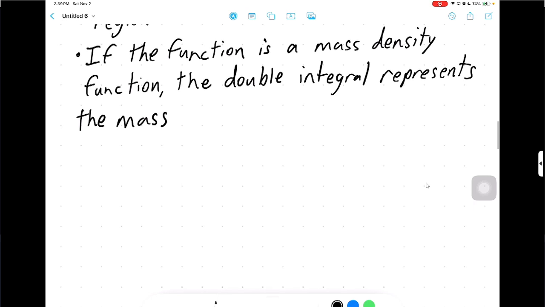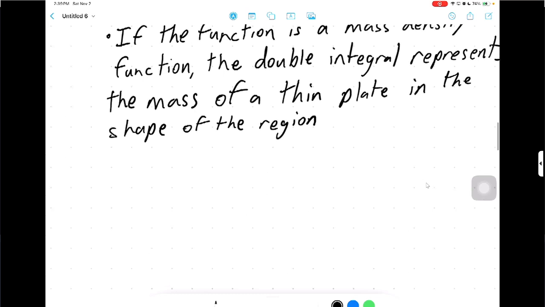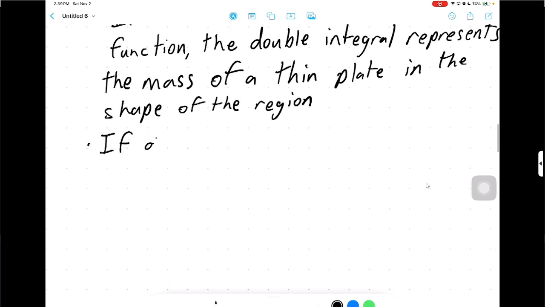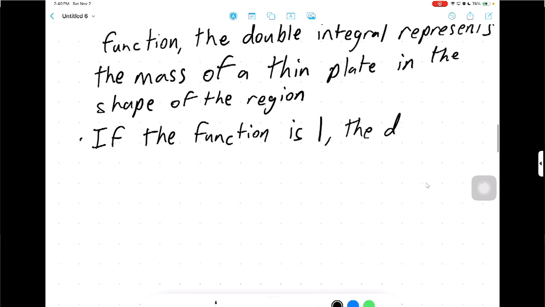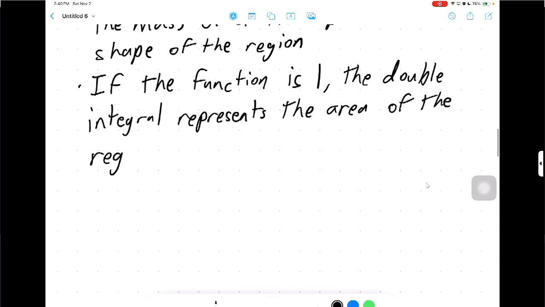So, the double integral, if it's a mass density function, this represents the mass of a thin plate in the shape of the region. And finally, if the function is 1, the double integral represents the area of the region.